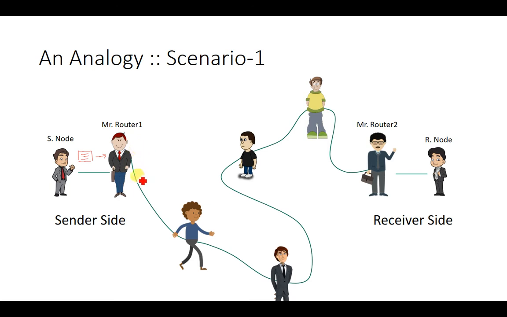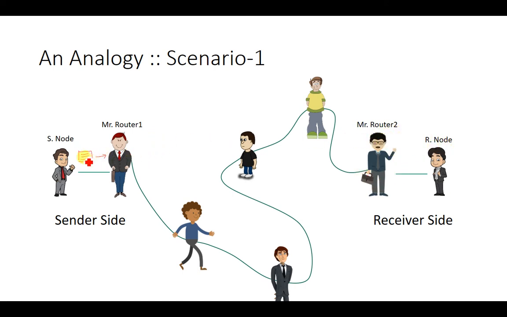Now you assume that this Mr. Router 1 can be an actual router in your computer networking terms, and it may act as a firewall for your S node or source node. And similarly, this also acts as a router for R node, or maybe it is a firewall for R node.